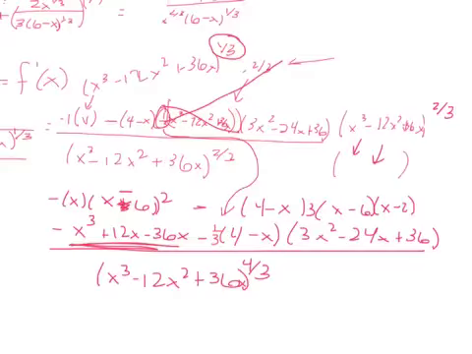Now we're going to factor out this x to the 1/3, this is back to earlier, times x. Hold on. x times x minus 6 squared to the 4/3.